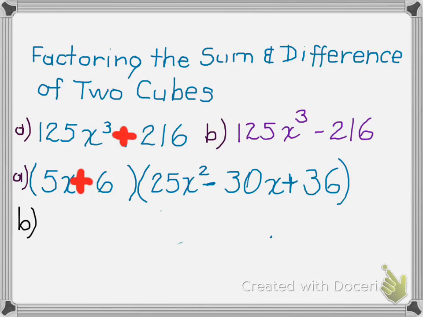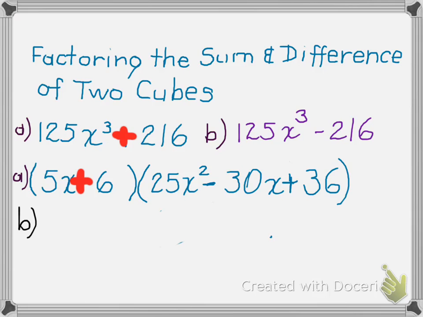Now let's factor the difference of two cubes, and let's keep the same numbers. You see in part B here, the difference of two cubes is 125x cubed minus 216. So we do the same process, but the signs are going to differ.